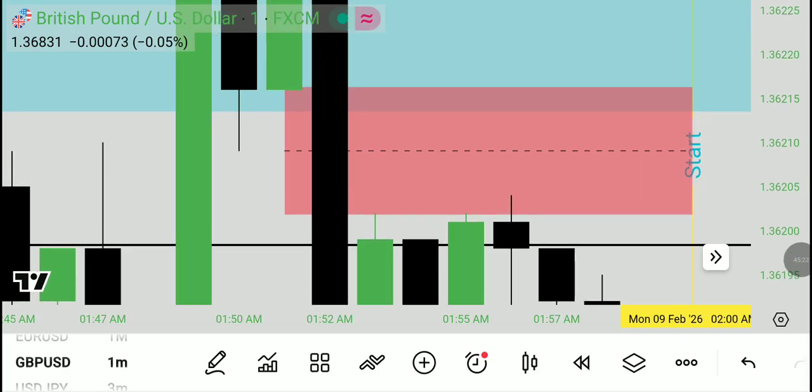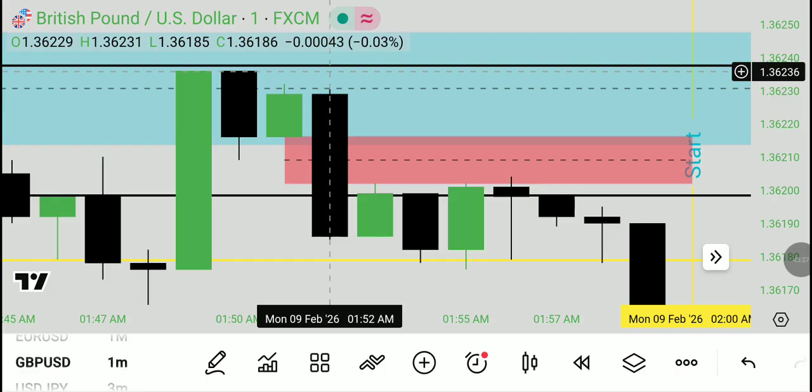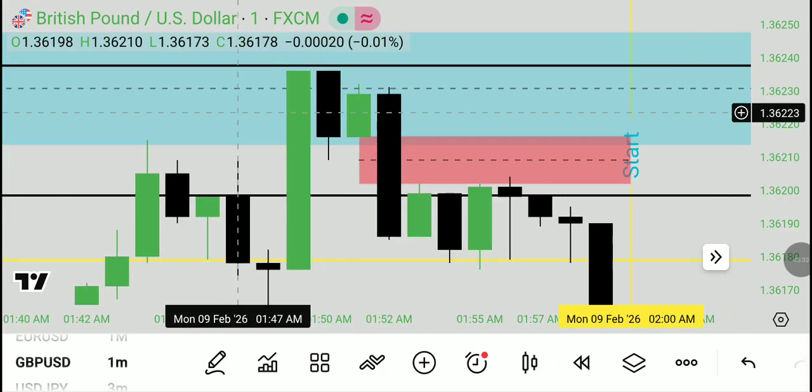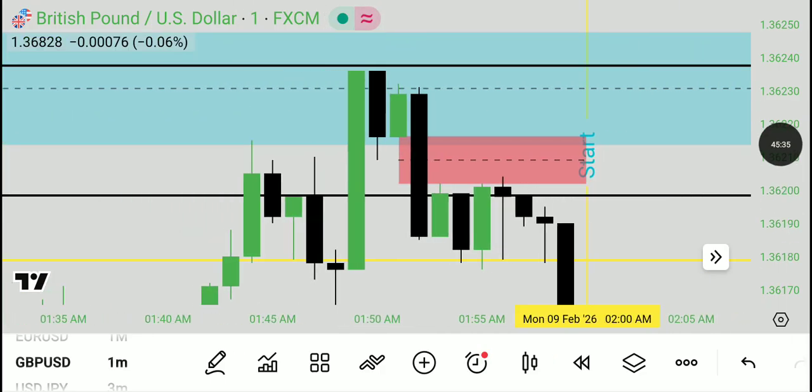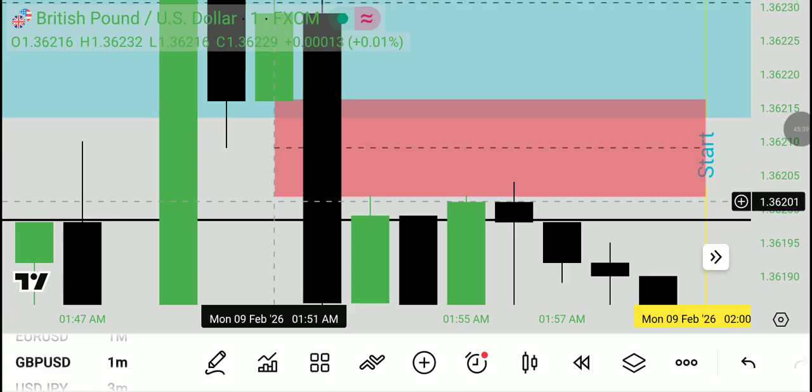You can see the market comes down after the order block. After the order block has formed, it gives displacement and gap. What you should be doing now is to focus on whether they are going to come into this gap.